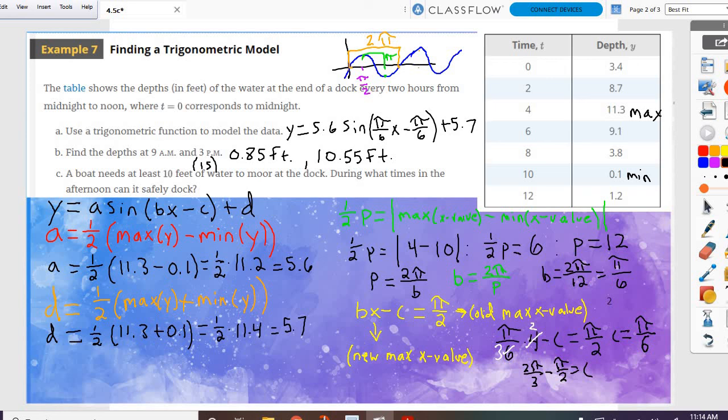Which notice if we look at our depths, 9 would be in between 8 and 10. 0.85 is in between 3.8 and 0.1, so we're still coming down. So it looks like it would match our data. 3 p.m. is going to be back again, since it's repeating itself, to be between 2 and 4, and we get 10.55, which again is between 8.7 and 11.3.